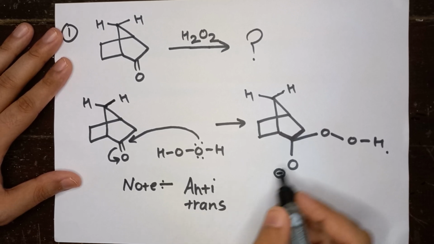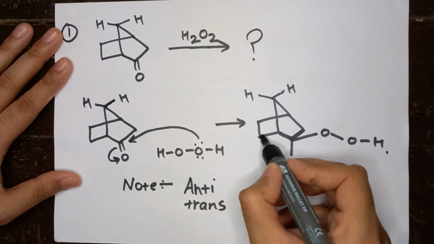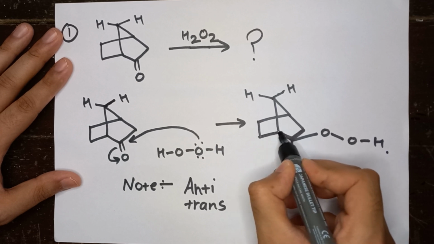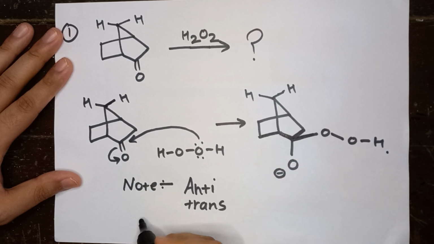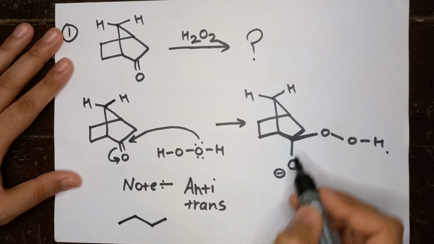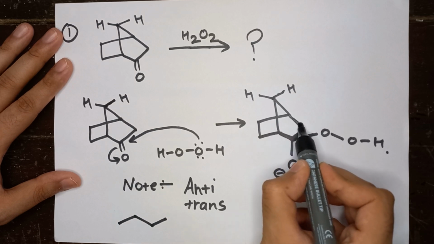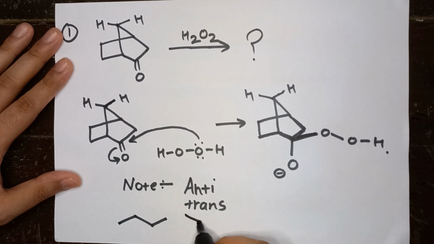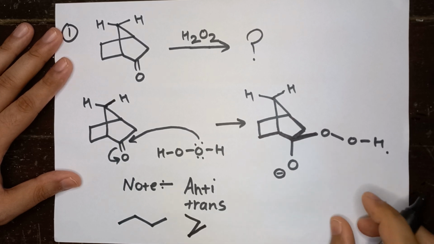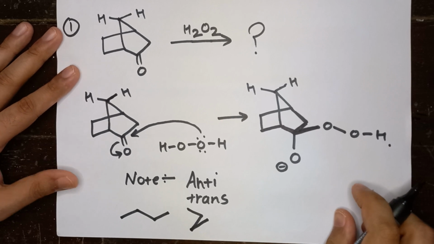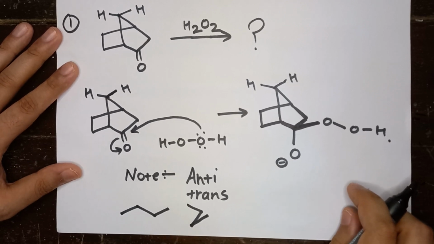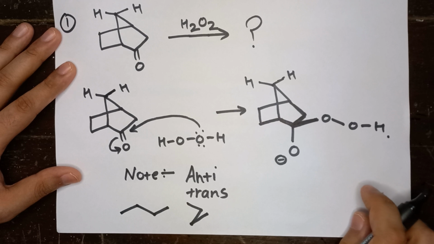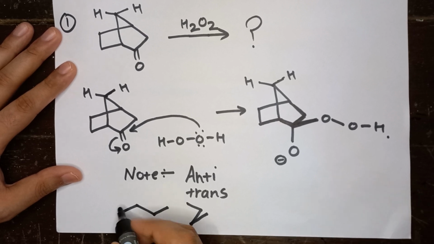For example, if I draw this particular bond, let's say this one I'm drawing 1, 2, 3, so it looks like 1, 2, 3. Let me draw this one 1, 2, 3. So what do you think? Which is an anti bond? Clearly this one.